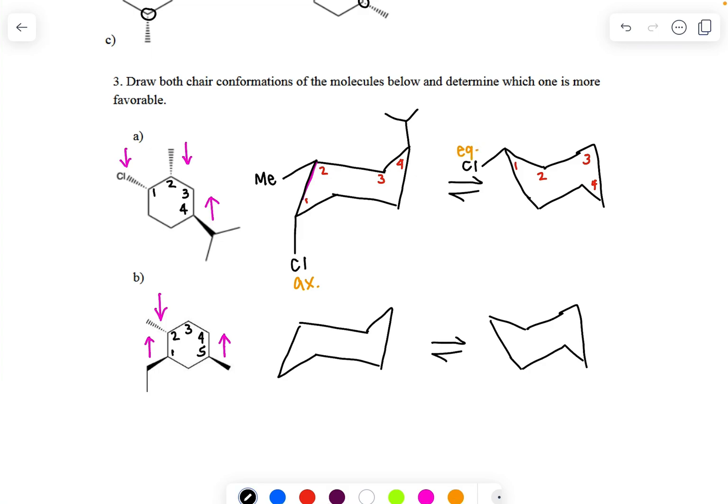And then everything else that's equatorial is going to be axial and vice versa. So my methyl on carbon number 2 was equatorial, and now it's going to be axial. Carbon number 3, I have nothing. And then at carbon number 4, I had an isopropyl that was axial. And now at carbon number 4, it's going to be facing direction up, but it's going to be equatorial.